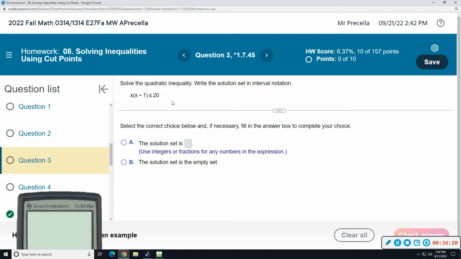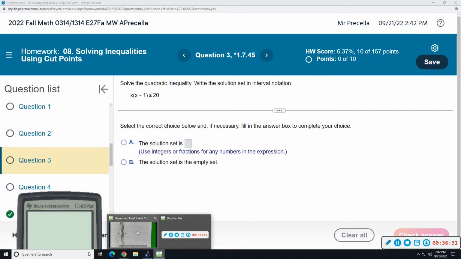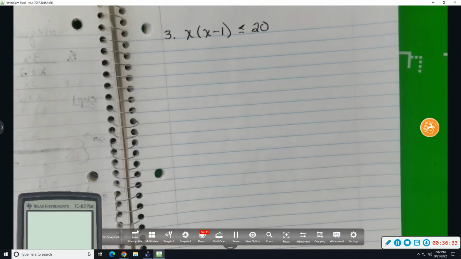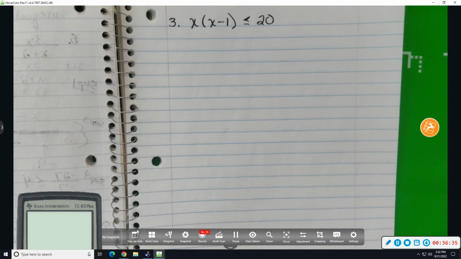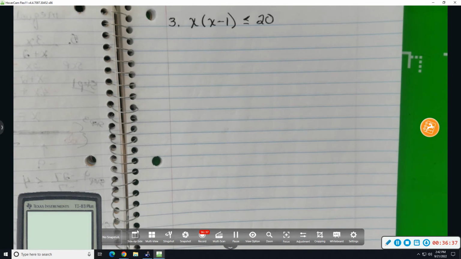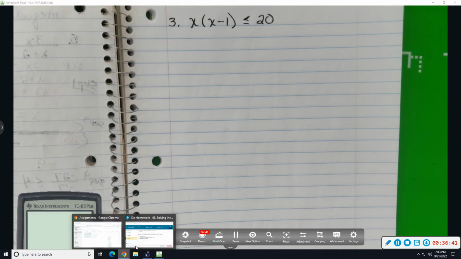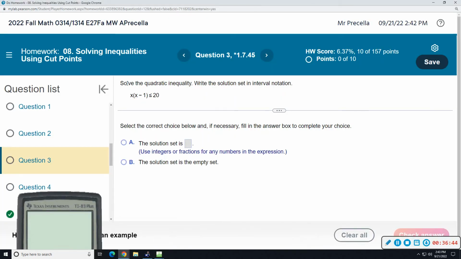x times x minus 1 is less than or equal to 20. By the way, how were the instructions worded? It says solve the quadratic inequality.